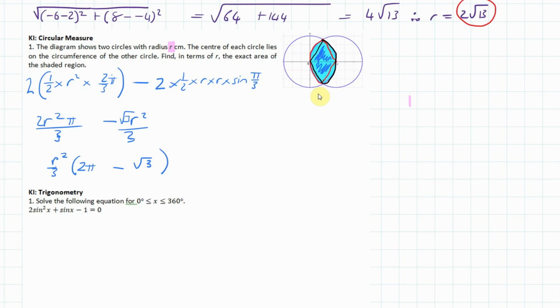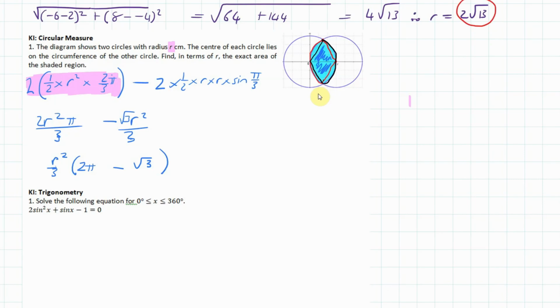Let me just quickly check over that now. So this first bit here, half r squared theta, we've got an angle of 120 degrees, or 2/3 pi. Yep. And then we've got 2 of those, so that's that. And then we've got these triangles that we've got to take out.